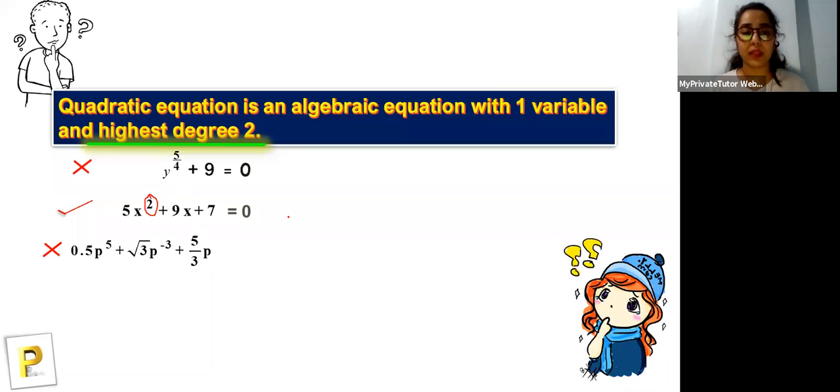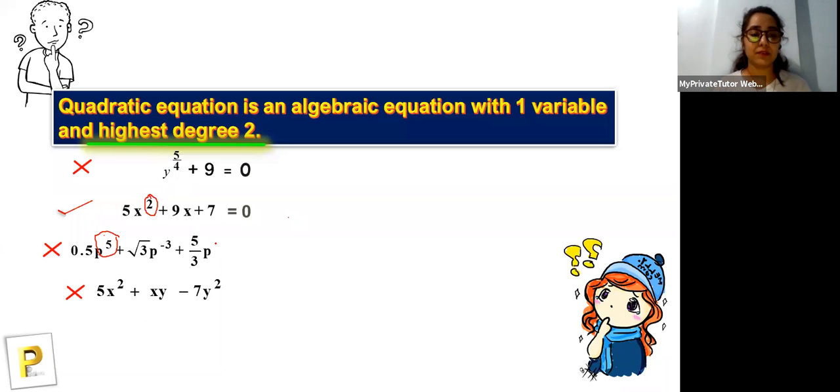Let's check the second thing. It has one variable throughout, only p is present, so one variable is satisfied. But the highest degree 2, it doesn't have. All three should be fulfilled, but only one is. If any one condition is not satisfied, then it is not a quadratic equation.